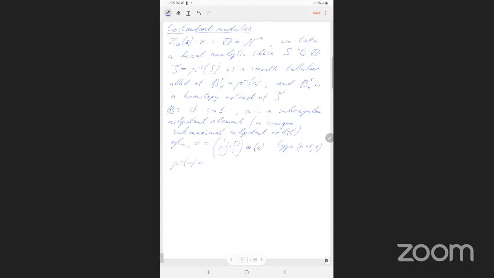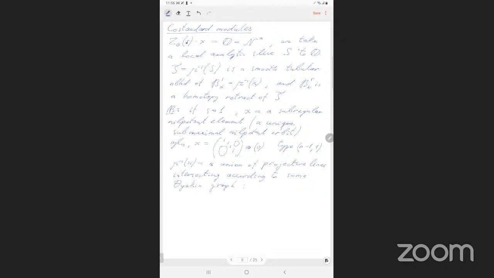It's a union of projective lines intersecting according to some Dynkin graph.